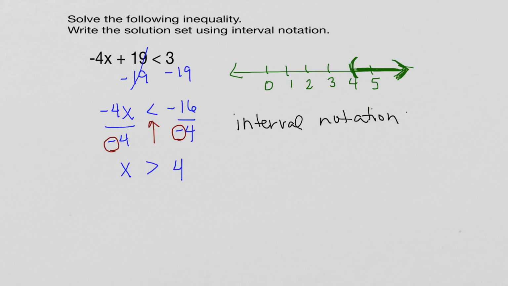We would have a parenthesis, 4, comma, infinity. Infinity never has a bracket. So this one has parentheses on each side. Again, positive infinity will always be on the right. And if we had negative infinity, we would have been shading the numbers to the left, and our answer would have that negative infinity on the left-hand side.